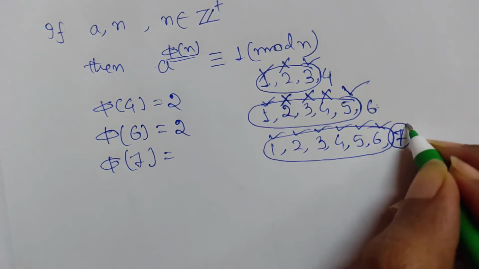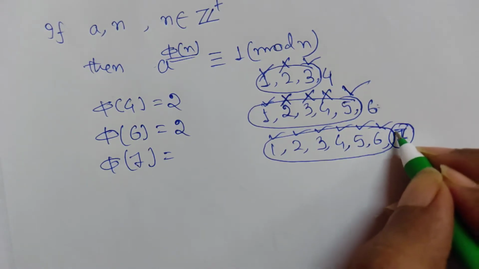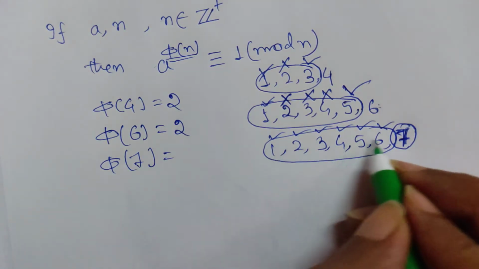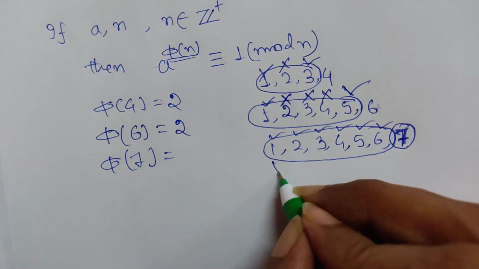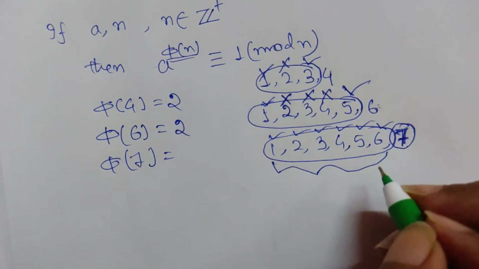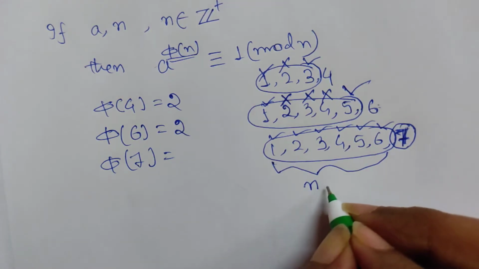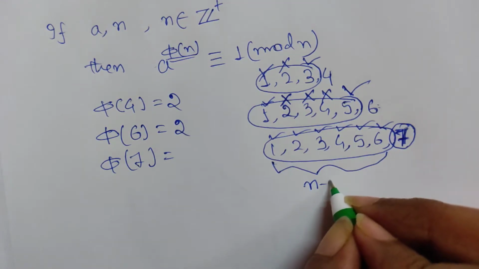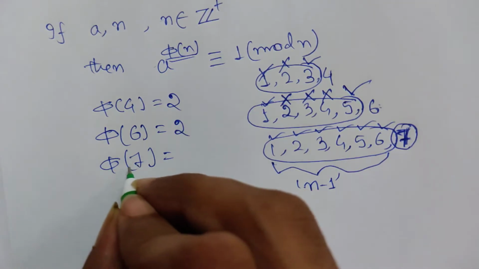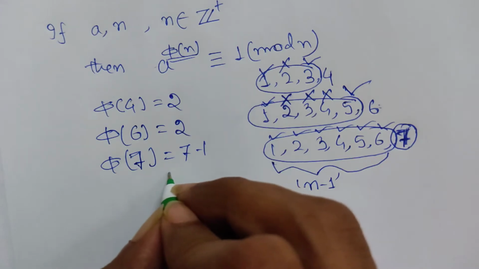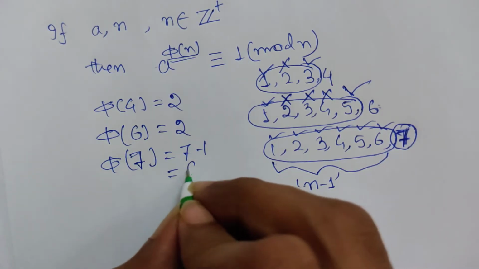Basically, if n is prime, here n is 7 and 7 is prime, then all the values less than n are relatively prime with n. So less than n means n minus 1 values. So if n is 7, then 7 minus 1 will be phi of n, which is 6.